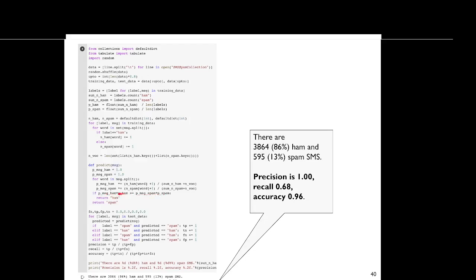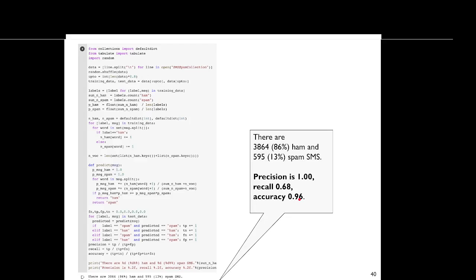That's this final multiplication here, and whichever is greater is the one we pick, so either ham if it's greater or else spam. And then we run this for all of the test data, get the prediction, and then figure out whether we were true or whether our prediction was wrong, and from that we can calculate precision, recall, and accuracy. And you see over here 100% precision, recall 68%, overall an accuracy of 96%.